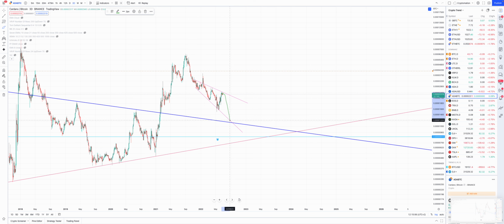I think we're going to lose it. We're going to bounce on that line maybe, and there we have to reevaluate what's going to happen. There is a chance we go up here, and there is a chance we go down. We have to compare all three charts, dominance, USD, and BTC, in the end. But there is also the possibility that we come down to that trend line again.